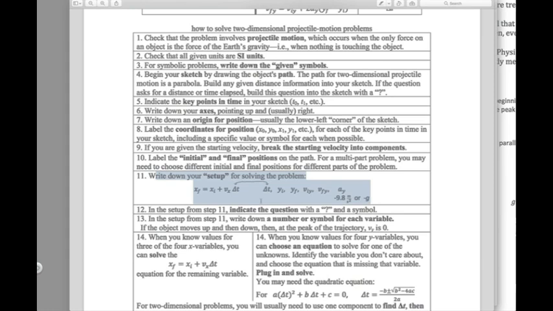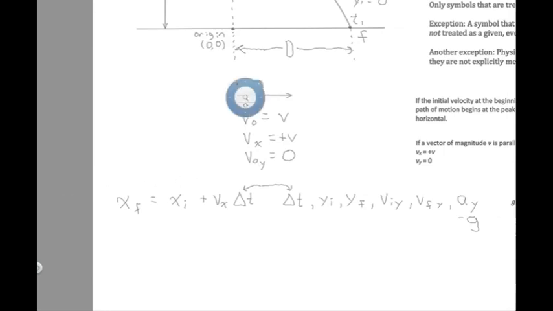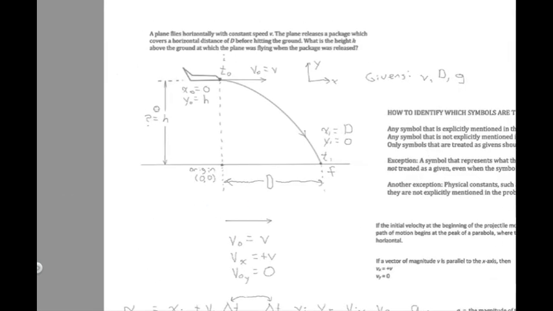We've completed this step. Now we're ready for this step. In our setup, we want to indicate the question. Well, we've already noticed the question was asking us for h, and we've seen that h here will represent the initial vertical coordinate.